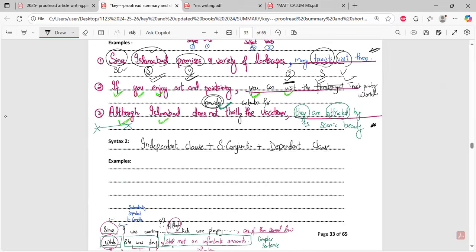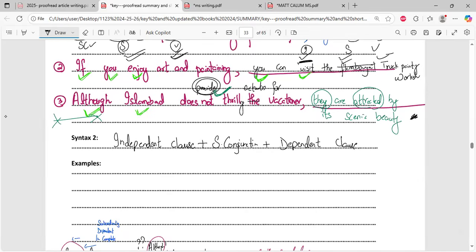So if I rewrite any of my above sentences, I'll say tourists visit Islamabad, then instead of a conjunction, I'm using because it offers variety of landscapes.